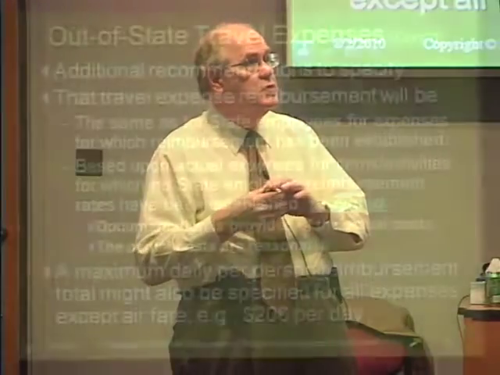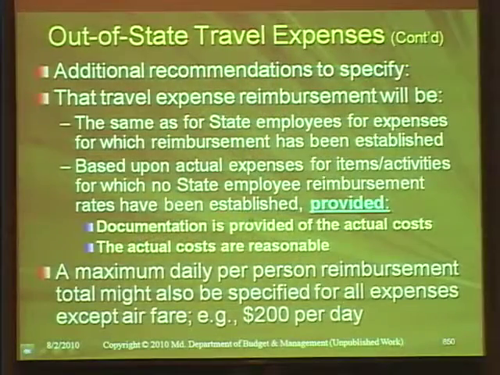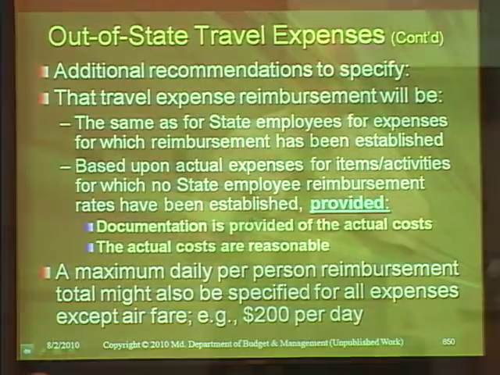And then for things where there are no reimbursement rates, they will be paid actual expenses for items, activities for which no state employee reimbursement rates have been established, provided documentation is provided of the actual cost. So we have an actual receipt of the hotel room, the car rental, whatever it is, and they're reasonable.